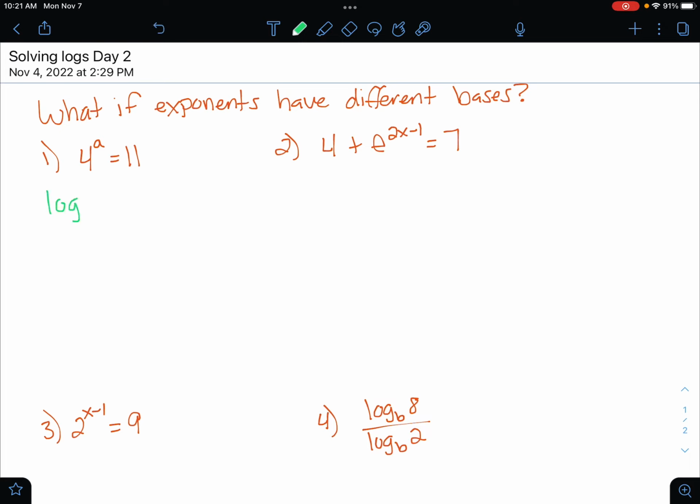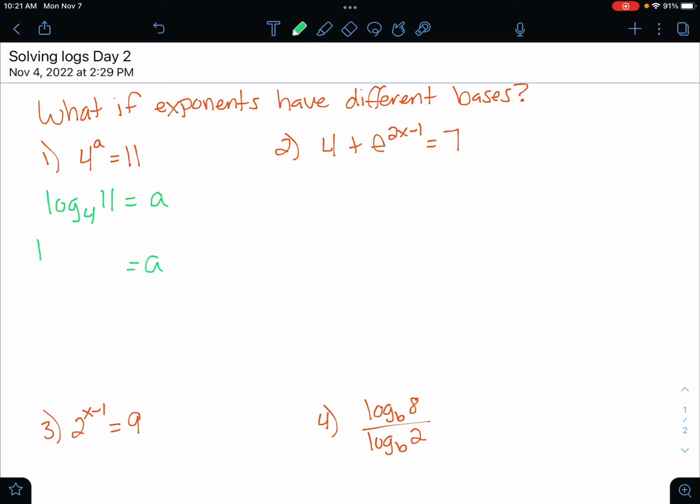So we would have log base 4 of the answer equals the exponent. Well, I can't type that into a calculator either because it's not a base 10. If you look at a calculator, you need a base 10 to type it in. So we're going to use a change of base law.